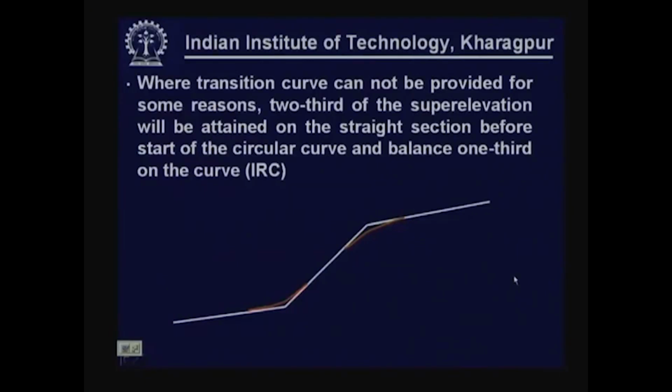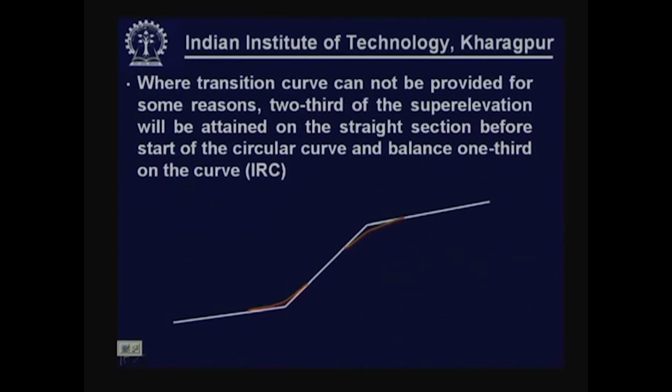Now, where transition curve cannot be provided for some practical reasons, although we know that it is advantageous to provide transition curve, then 2/3 of the super elevation will be attained on the straight section itself before the start of the circular curve and the balance 1/3 on the circular curve itself.